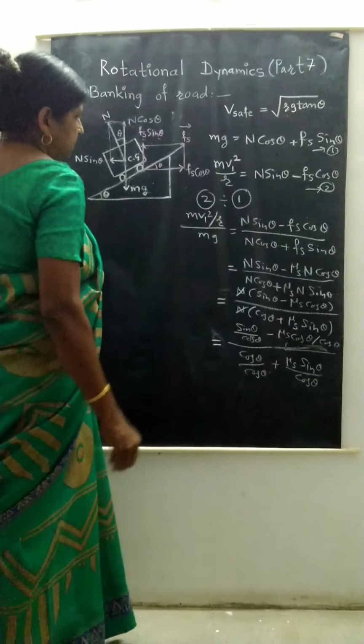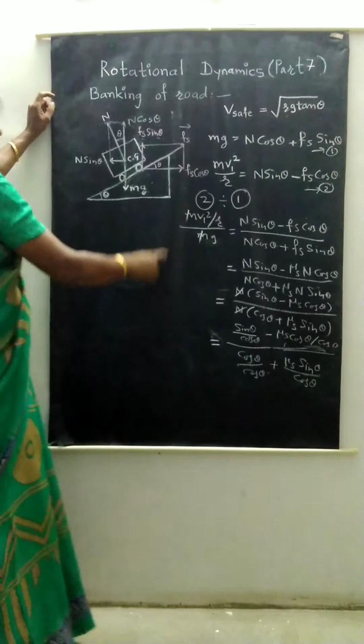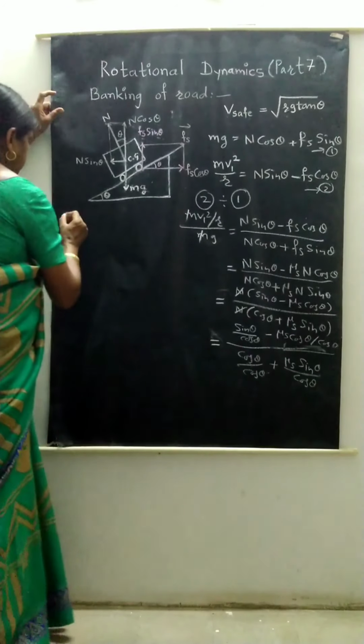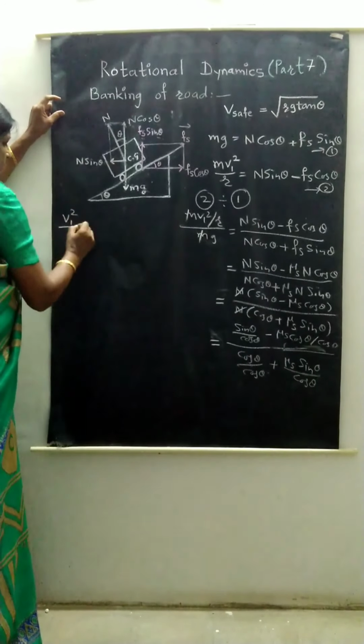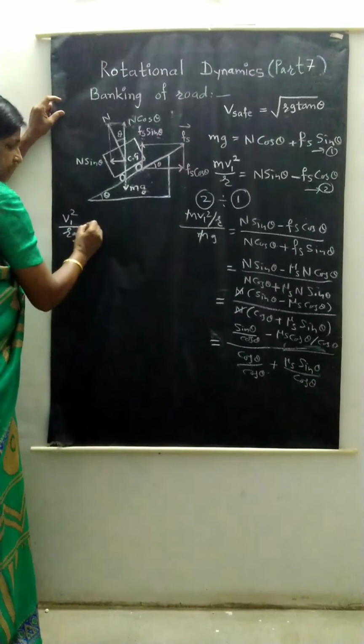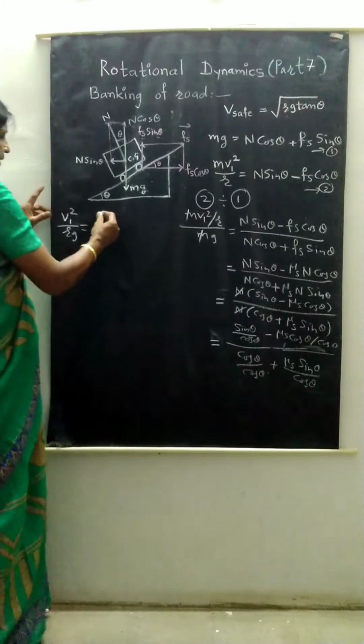Hence, here m will cancel to give V1 square upon r g. Hence, we shall get V1 square upon r g is equal to sin theta upon cos theta, which is tan theta.